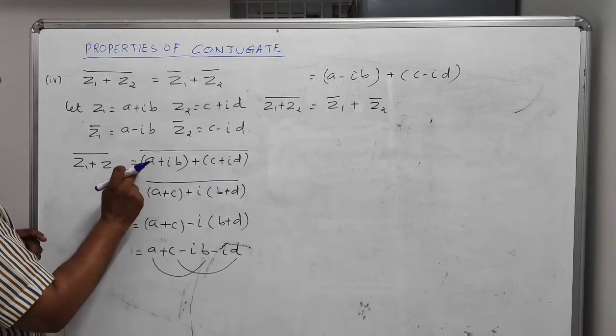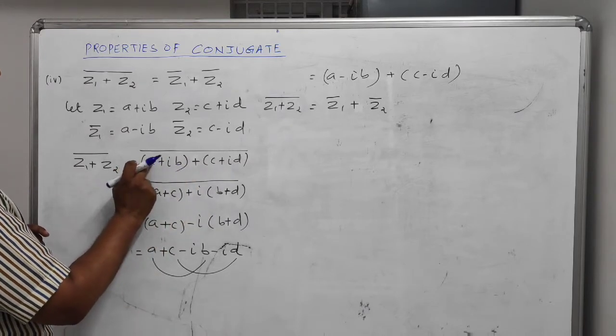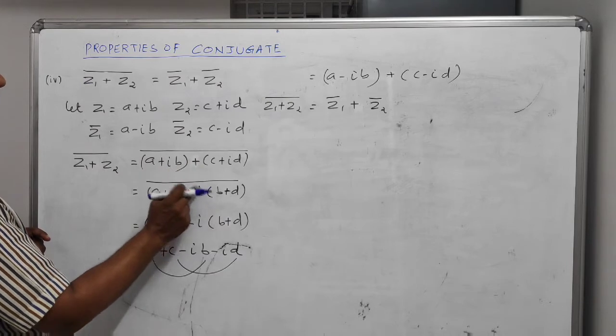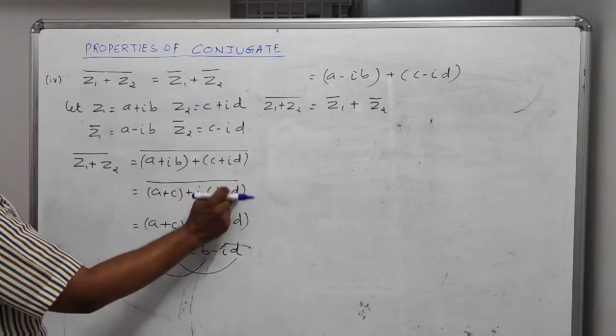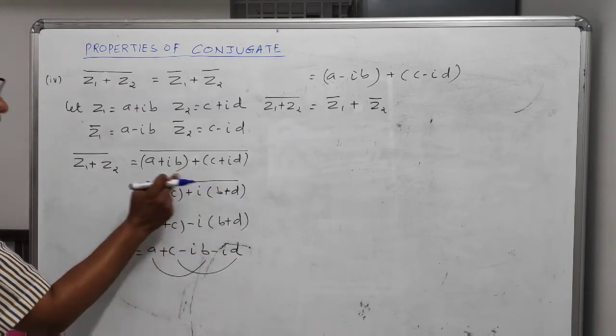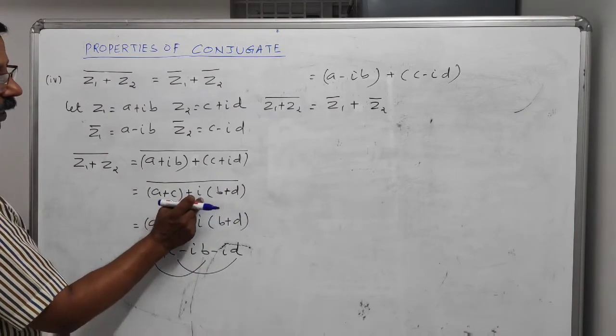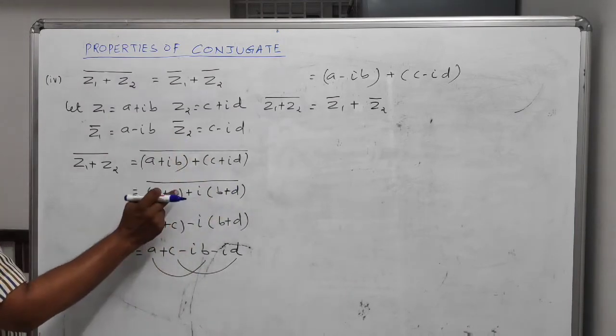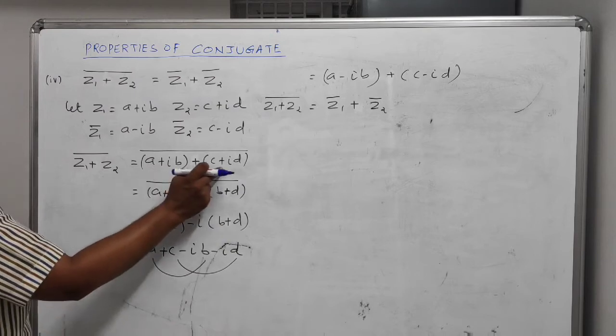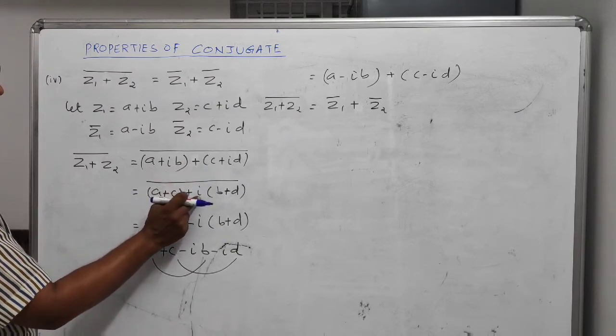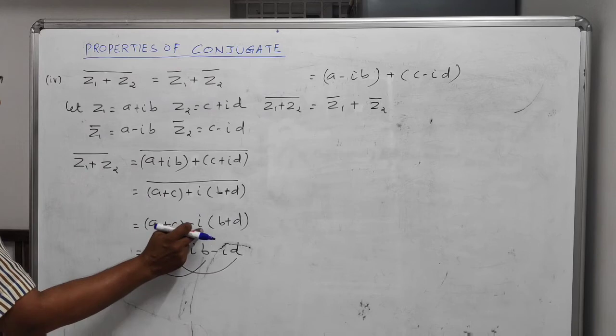I add the real part with the real part, a plus c, plus i into b plus d, imaginary part with imaginary part. Now it is in rectangular form, real part plus i into imaginary part. Therefore, we can find this conjugate by changing the sign of this i. Instead of plus, you get minus i.